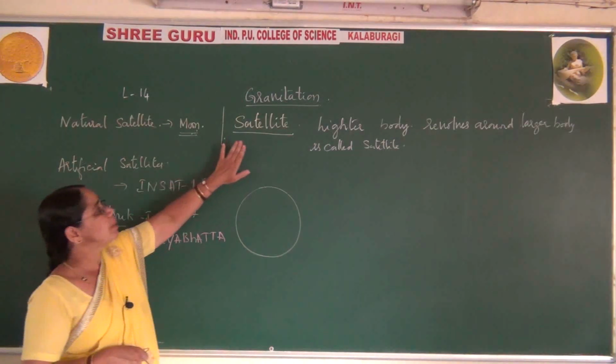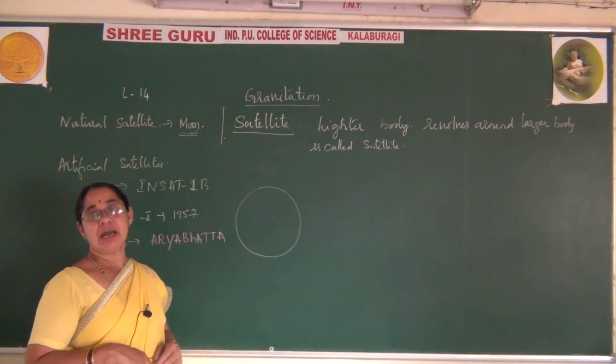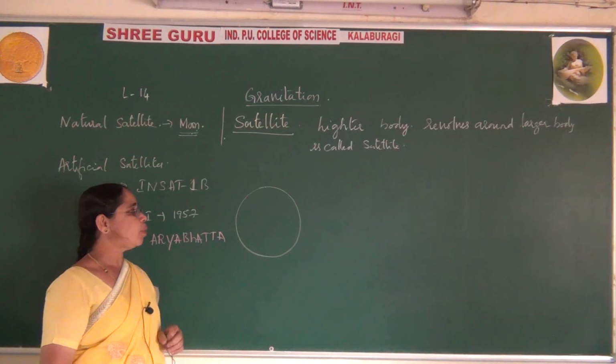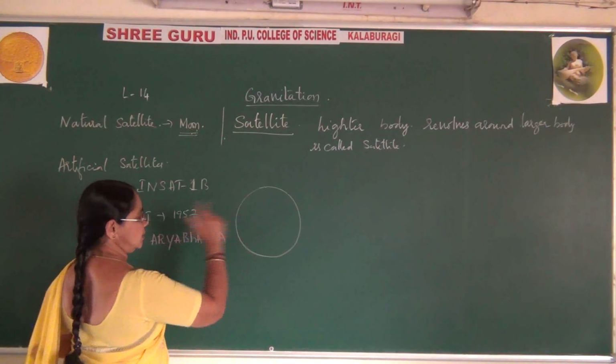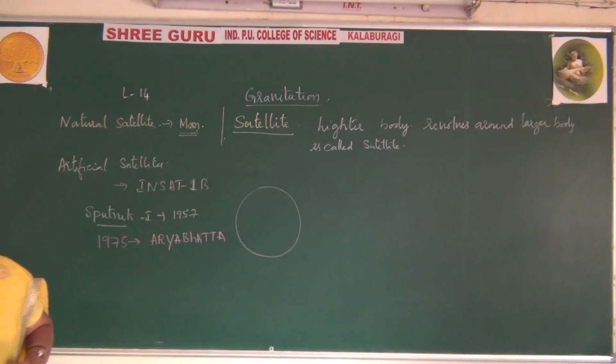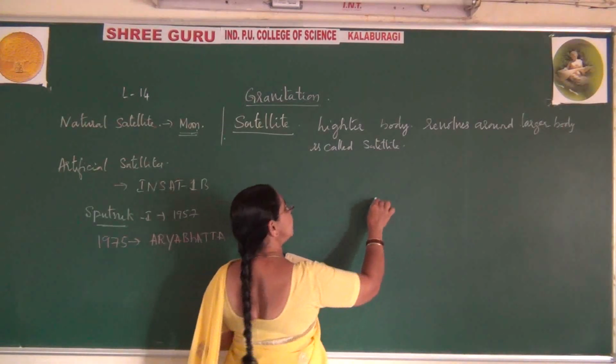Now let me go to the main concept of a satellite. How does this satellite work? Very simple. Let me take the Earth. Let me draw it here. This is the Earth.